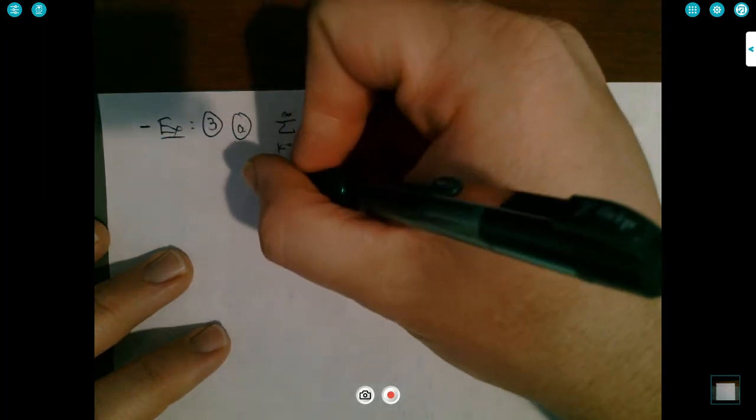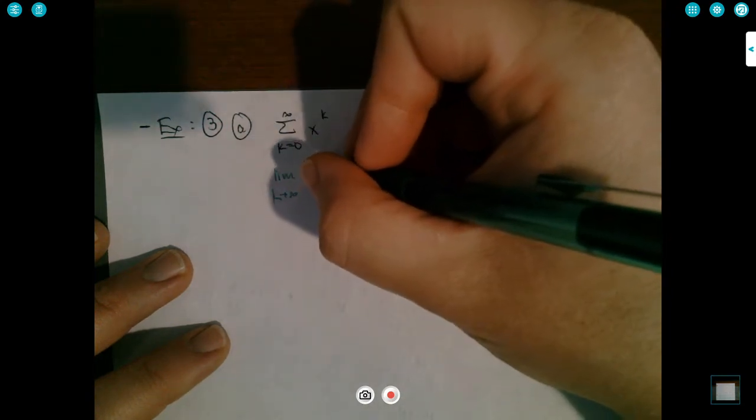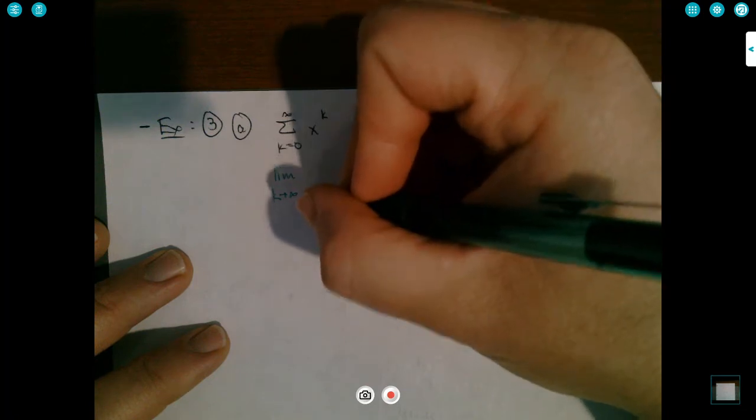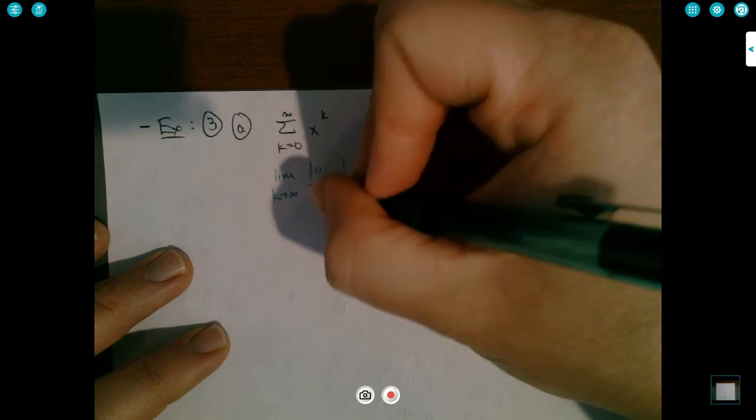And this will help us to find the radius of convergence. So to do that, we take the limit as k approaches infinity of a sub k plus 1 divided by a sub k. And actually we're going to be doing the absolute values of these things.